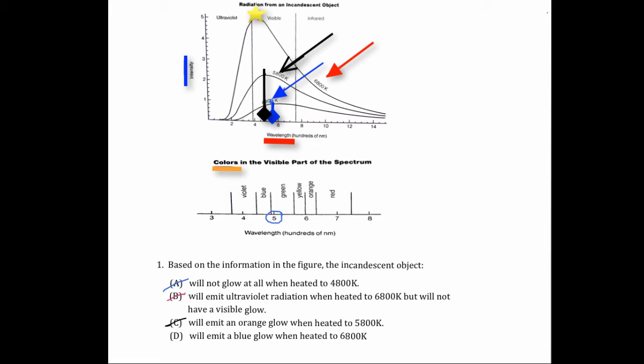If we were to draw the peak line down to the x-axis, we would see that it would be down in this range right here, around 450 nanometers. And so that color is right in here, and it's in the blue or violet range, kind of right in between, but it definitely will emit a blue glow at 6800. So that's the right answer. D it is.